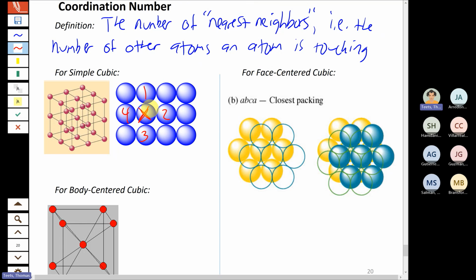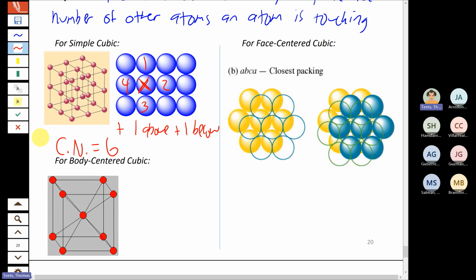So that's a total of 6 atoms that are touching each atom in the structure, meaning the coordination number for this one, abbreviated as Cn, is equal to 6. All right. So for simple cubic, each atom has 6 nearest neighbors that it is touching.